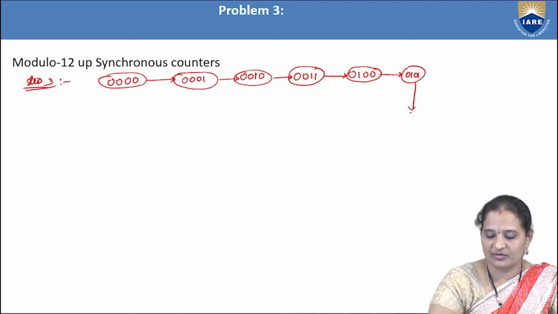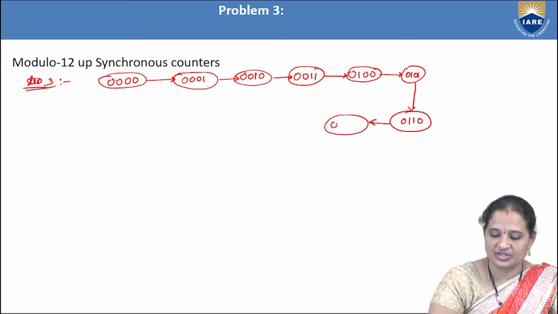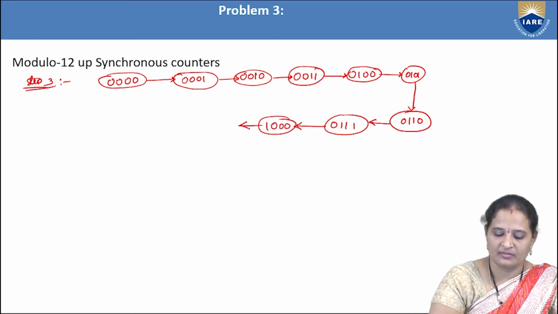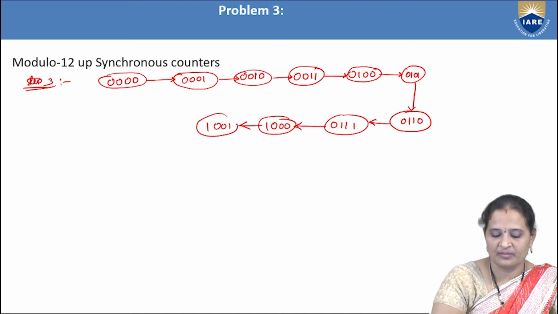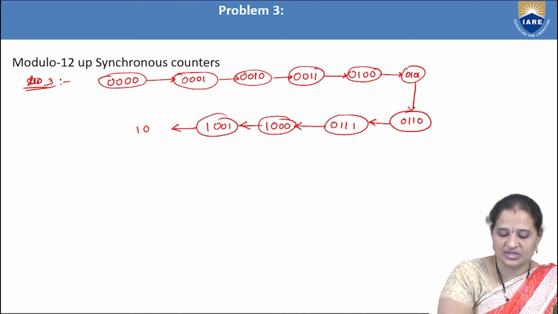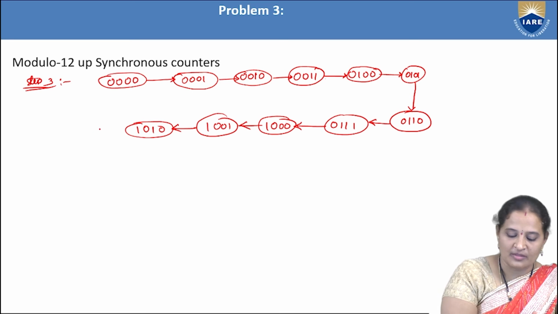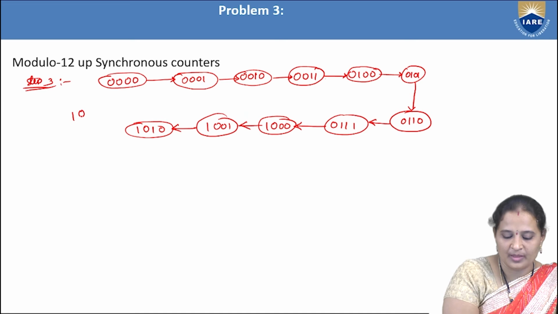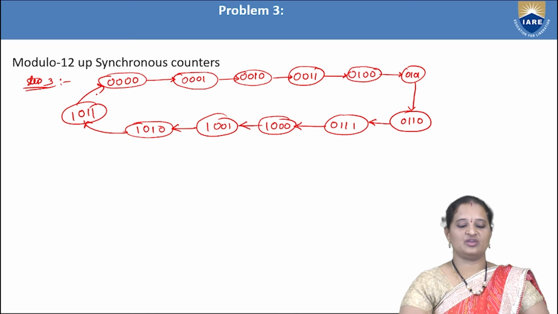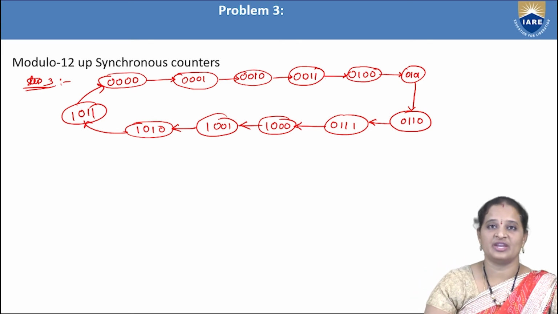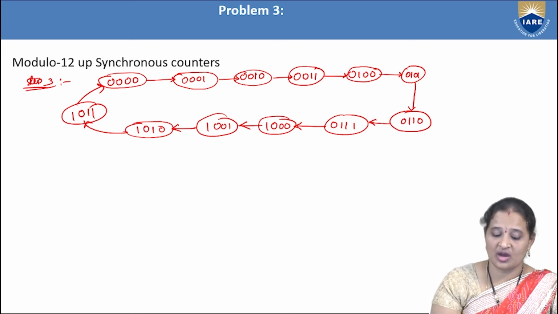After this, it will go to 0110, next 0111, then 1000, then 1001, and then 1010, then 1011. So once it has reached 1011, again it will go back to the initial state. This is the state diagram of the mod 12 synchronous up counter.